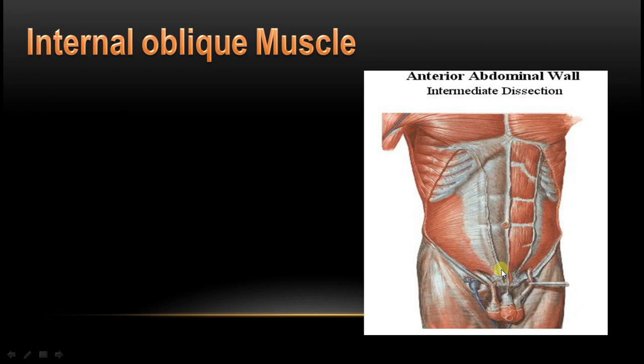The next muscle is the internal oblique. Here you are able to see the internal oblique aponeurosis. The muscle fibers of the internal oblique are at right angles to the fibers of the external oblique.